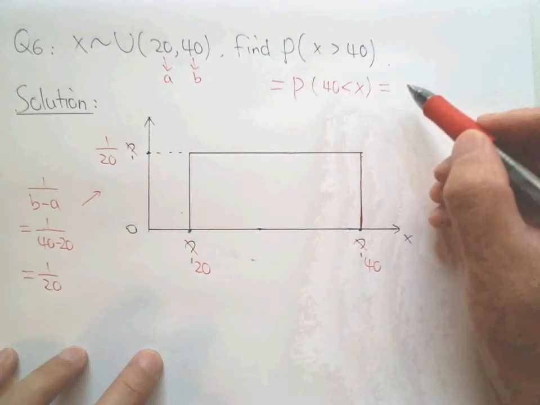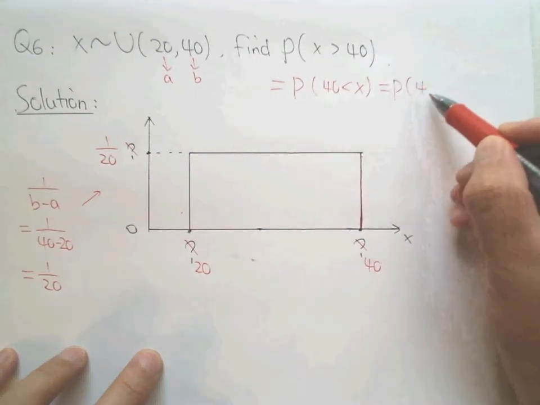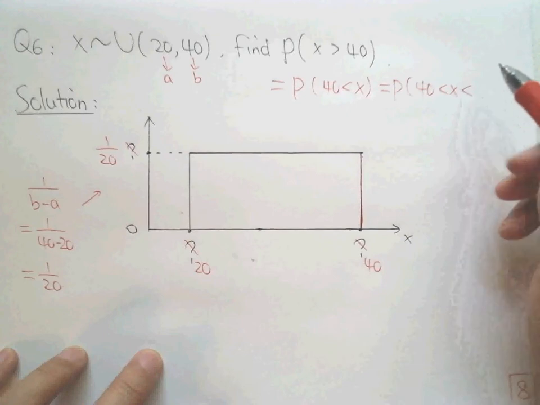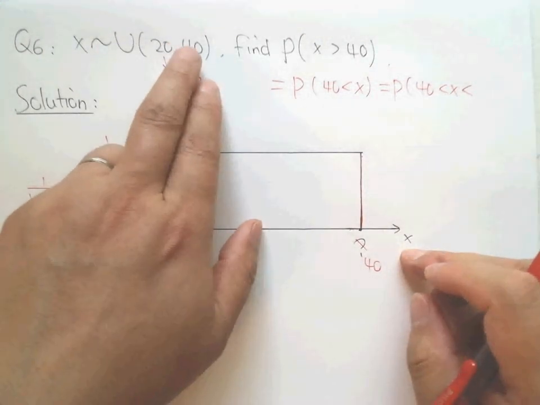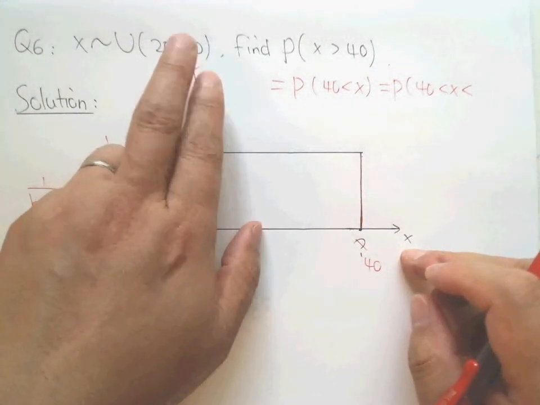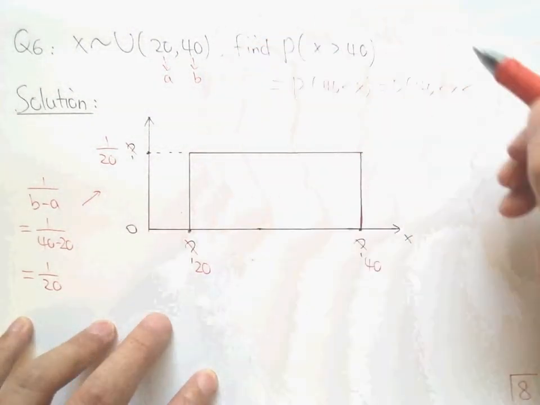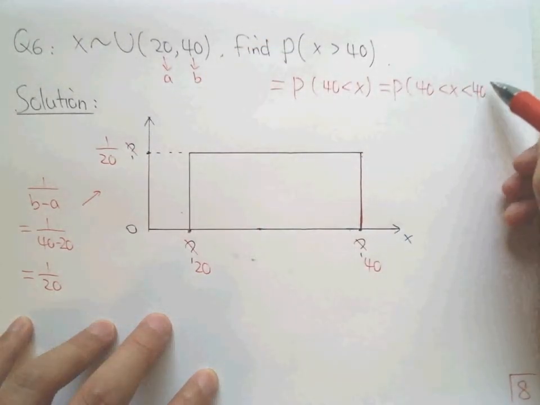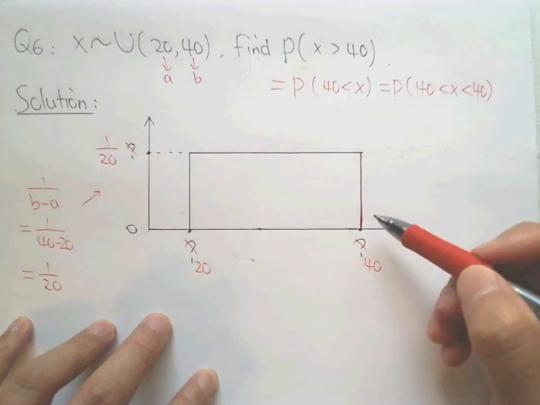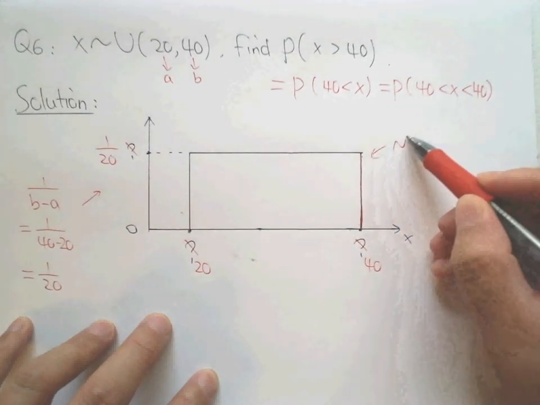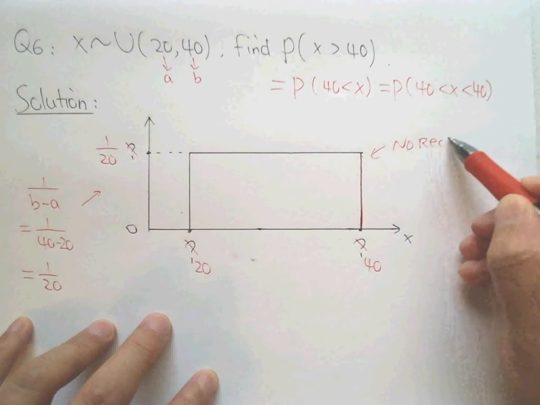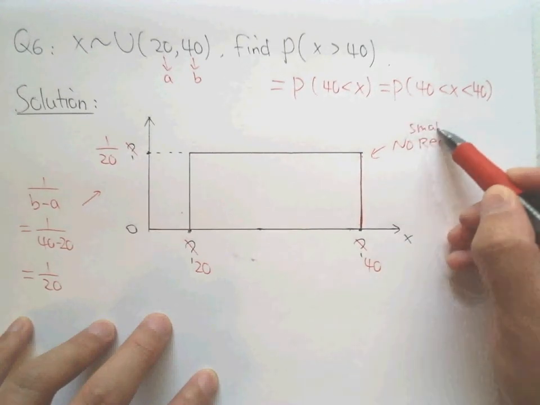This just means 40 less than X, right? And then X greater than 40. See, and the X should be less than 40. Do you remember? Why? Because that's 40 is the maximum. X should less than the maximum. So I put a 40 here. How do you think? Where is the rectangle?